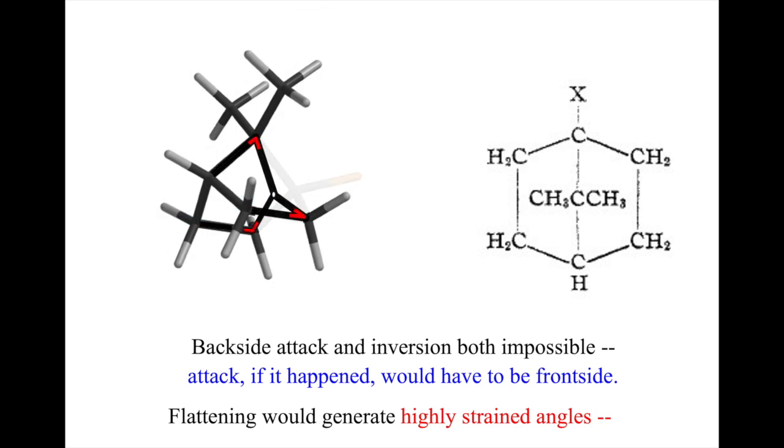Also, if it lost the chloride by an SN1 type mechanism, we'd expect this flat carbocation that's sketched here. And if I do that, my angles are messed up. This is really, really strained, much more strained than we could possibly have. And so it's hard to say that that's possible either. So if we did form a cation, it would have to be one of these weird non-planar cations like I drew earlier.